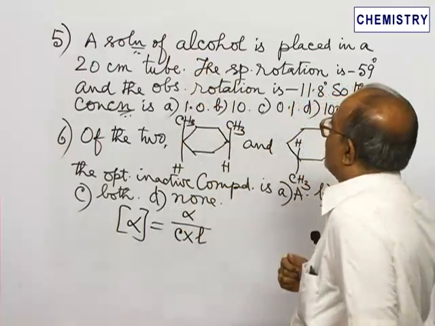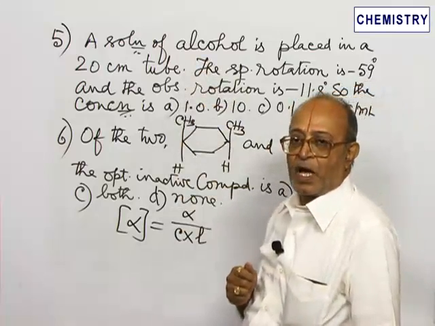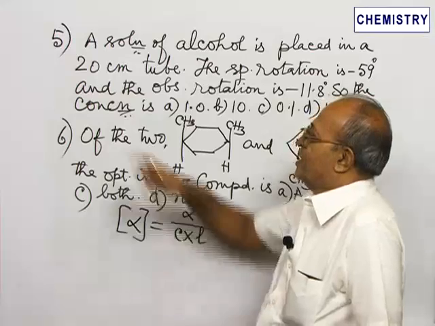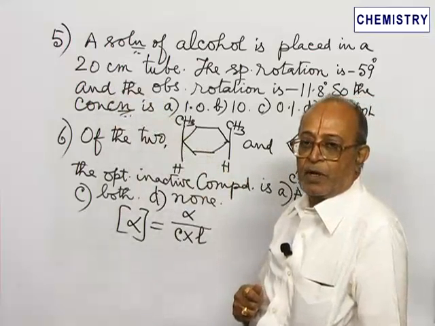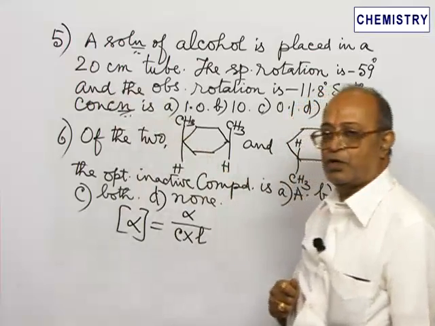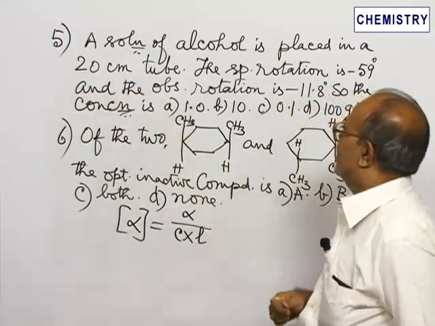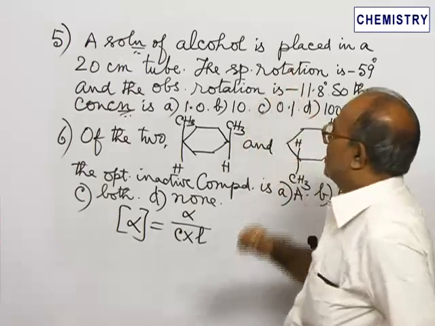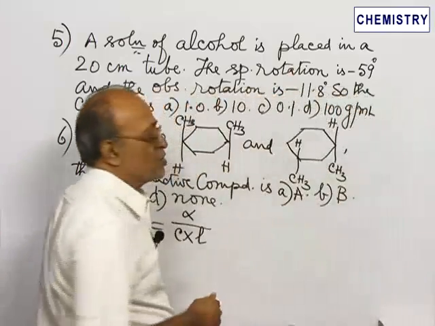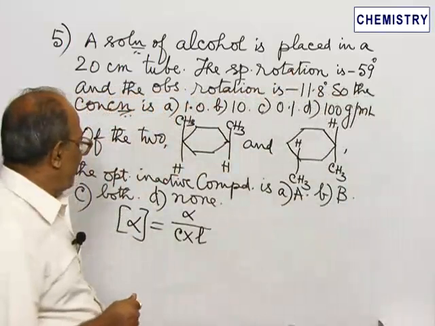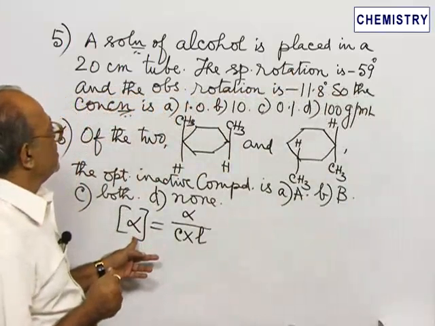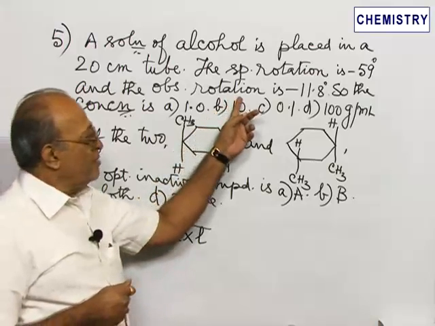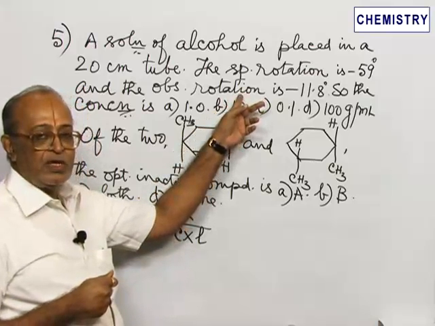An alcohol solution is prepared and it is placed in a 20 centimeter tube. The length is given. The specific rotation is also given, and the observed rotation is also given.